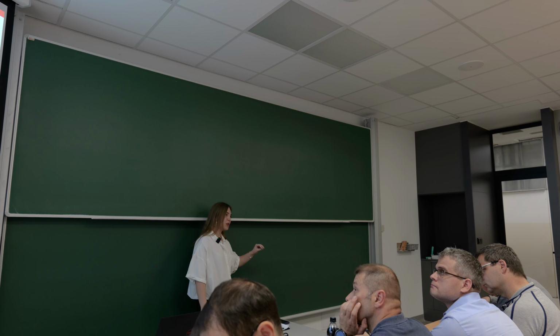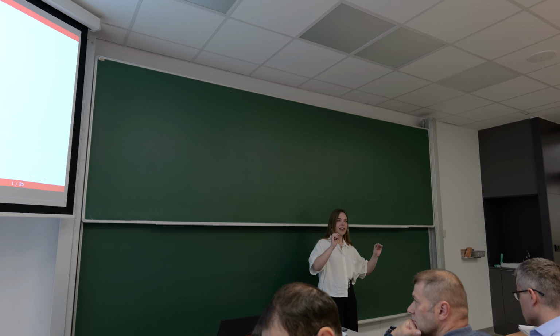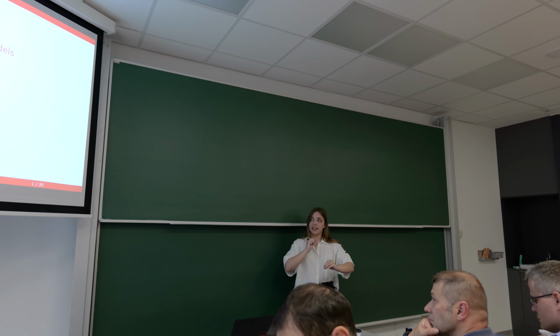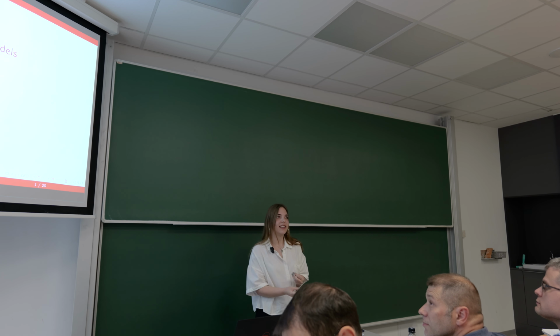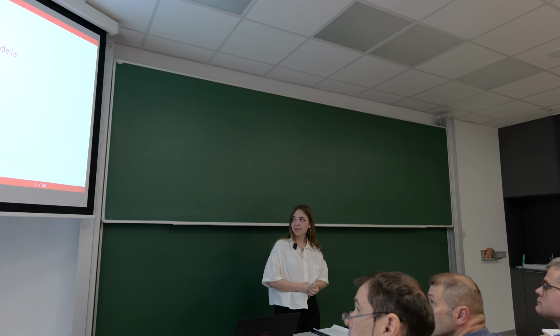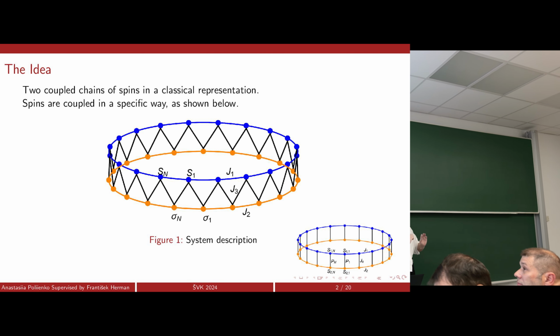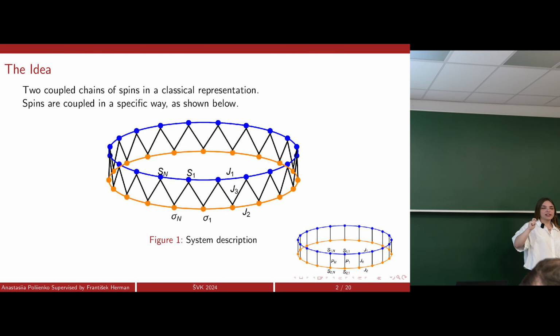So the previous talk showed us that spintronics is quite interesting to study, meaning that if we study systems with spins and look at how they behave, it can result in interesting things. So what we were looking at, the idea was to look at two chains of spins.